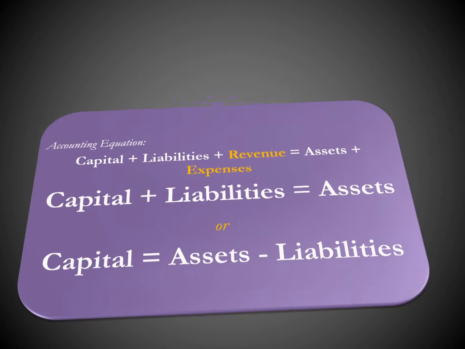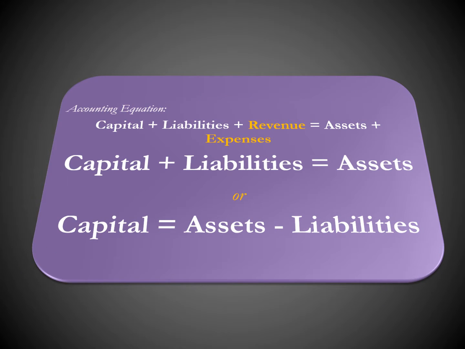We can make it, accounting equation as capital plus liabilities plus revenue equal to assets plus expenses. We have just seen revenues and expenses will ultimately go to capital, so we can write it as capital plus liabilities equal to assets or capital equal to assets minus liabilities.